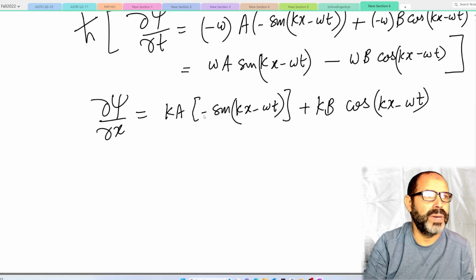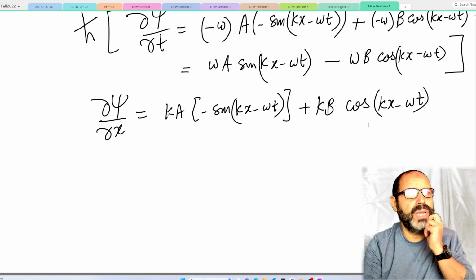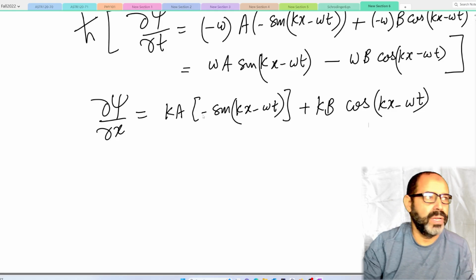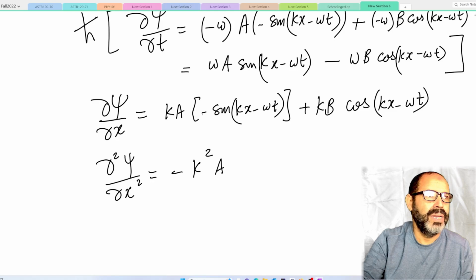Now, if I take the second derivative, remember I have a negative times ka in here. So if I take another derivative of the sine, I will put another k times k, that's k squared, and I still have a negative in here. So the second derivative of psi with respect to x will pull a negative k squared times a, and sine switches to a cosine, kx minus omega t.